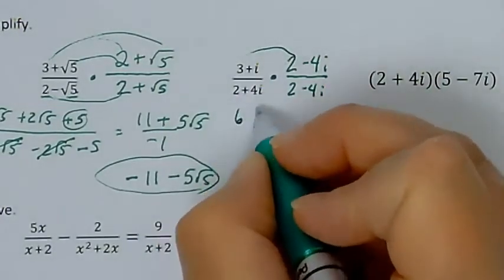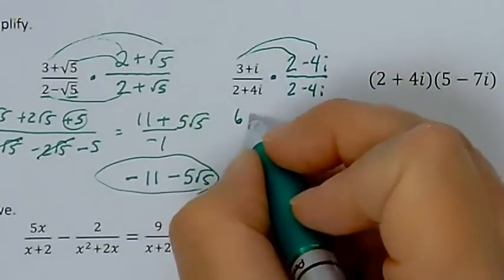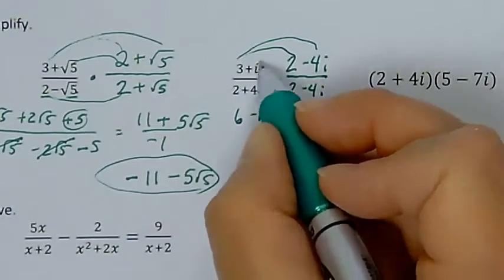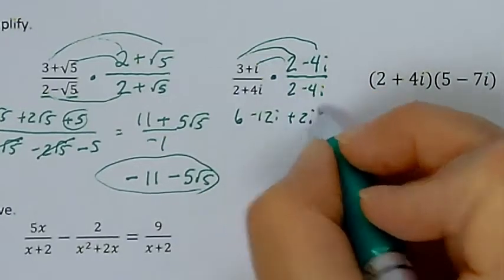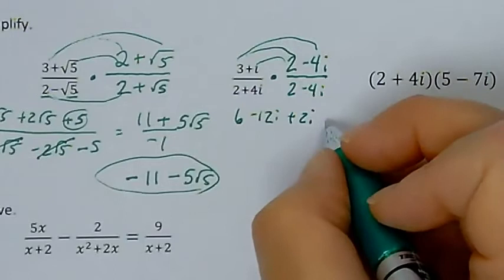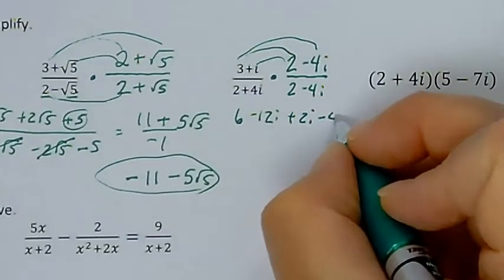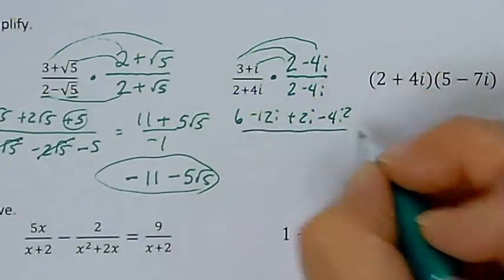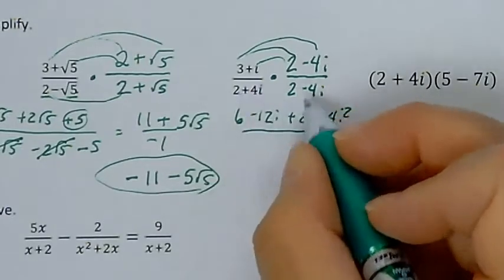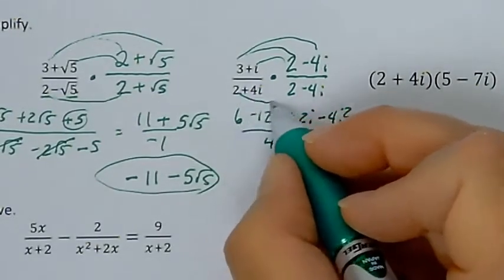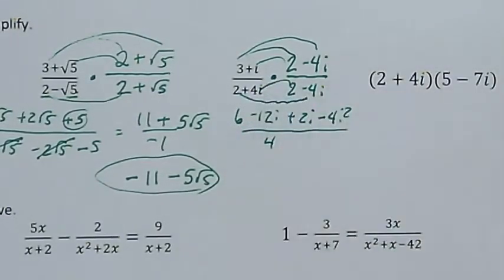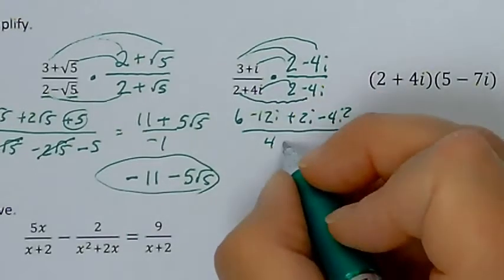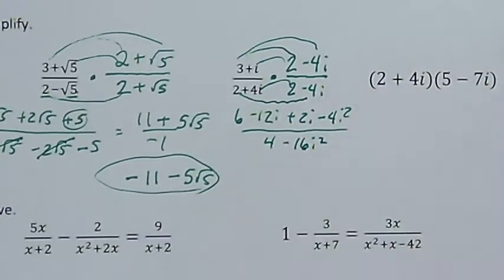I'm going to have 6 minus 12i plus 2i plus 4i squared, minus 4i squared, over 2 times 2 is 4. This would be minus 8i plus 8i, so they're going to cancel, and then minus 16i squared.